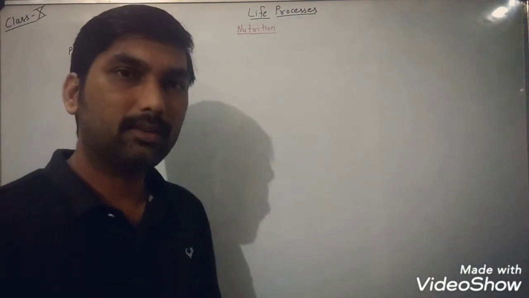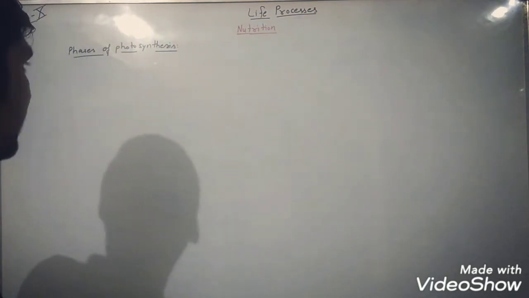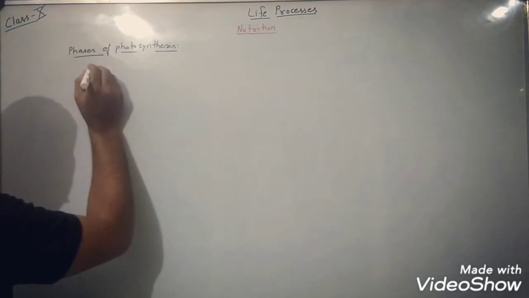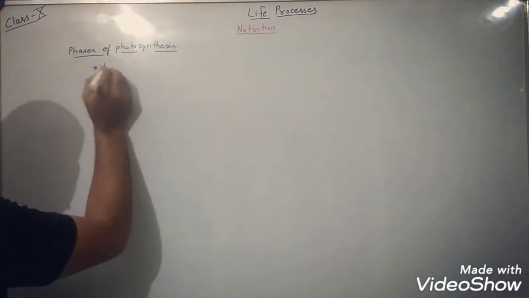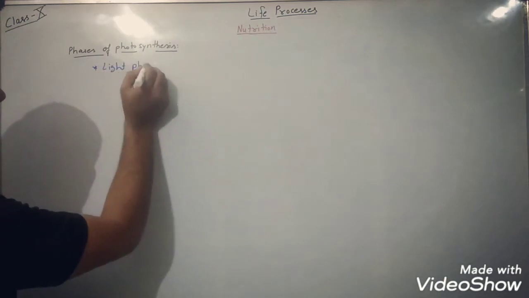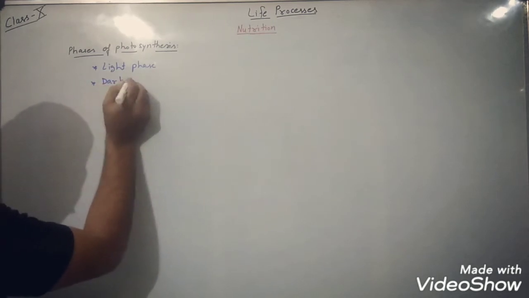So now we will see what the two phases in photosynthesis are. Photosynthesis is performed in two phases. The first one is known as the light phase, and the other one is known as the dark phase.